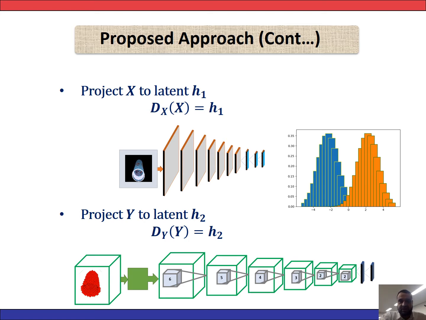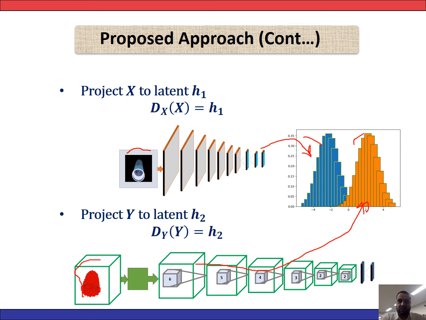The discriminator part consists of a Y shape, where in one branch it takes a 2D image as input and transforms it to its corresponding distribution, this one. The second branch of this discriminator takes 3D as input and then transforms it to its corresponding distribution here. So there are two distributions of two different representations of the input object. One is related to the 2D object and the second one is related to the 3D object.